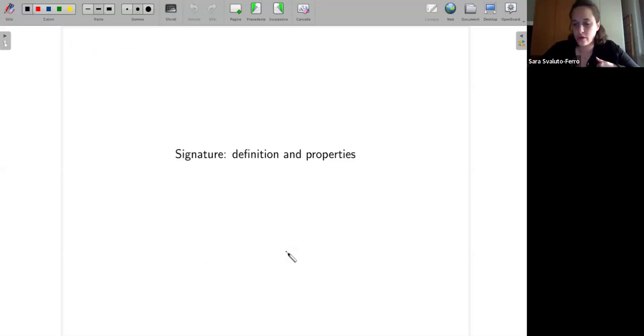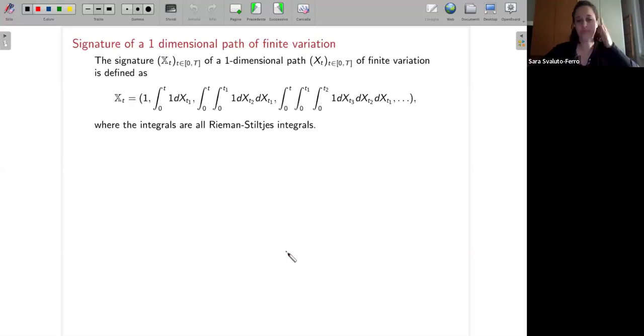And now, before continuing, we need first to define what it is, step by step. I start with a trajectory that is nice. You can imagine it to be a very nice, smooth function, something that you know very well and that does not present any issue of any type. Okay, what is the signature? It's a sequence, where at level 0 we have just the constant function 1.